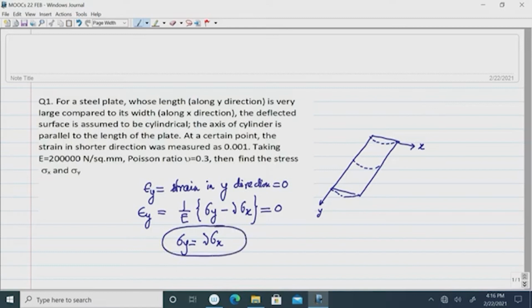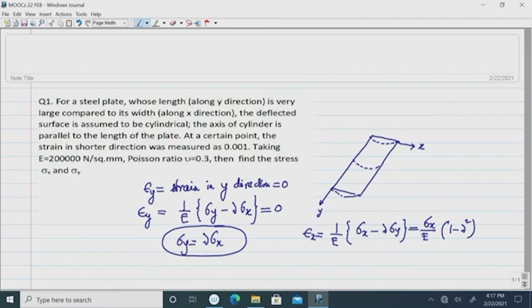This equation we will use later on, all right. Now, we are aiming to find sigma x and sigma y. Let us write the expression for epsilon x. Epsilon x is equal to 1 by E into (sigma x minus mu into sigma y). Now, since sigma y is given as mu into sigma x, this equation can be simplified as sigma x by E into (1 minus mu square).